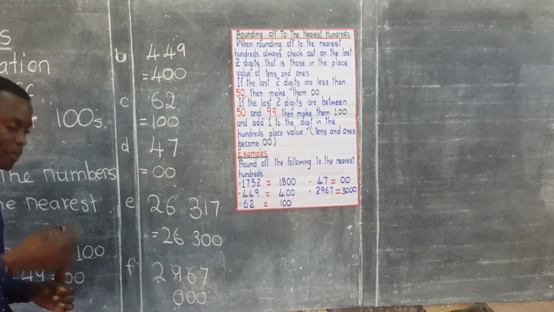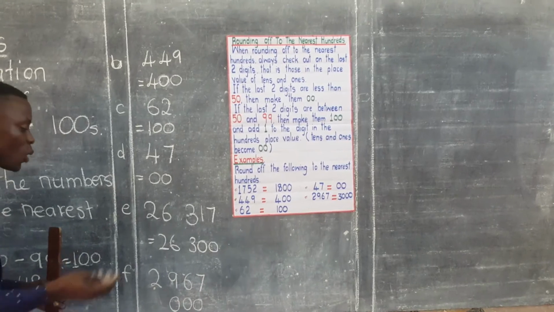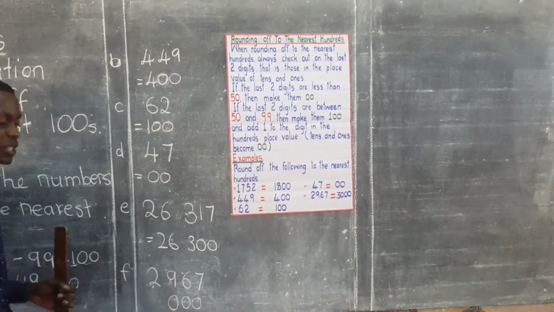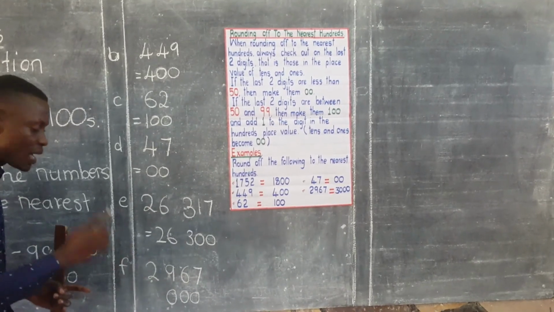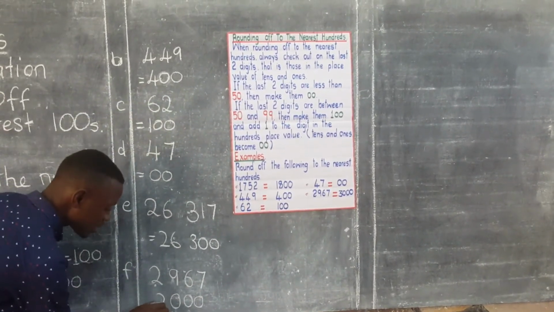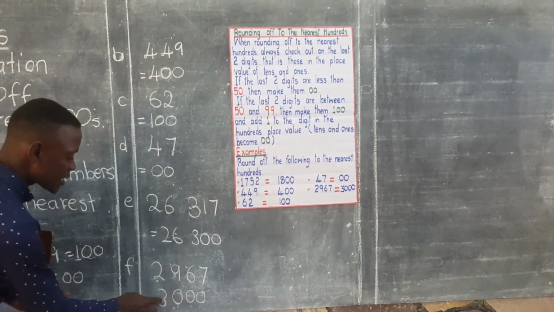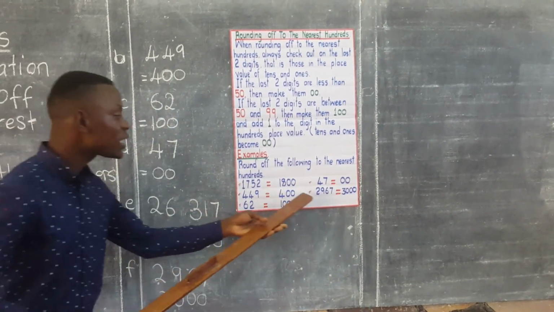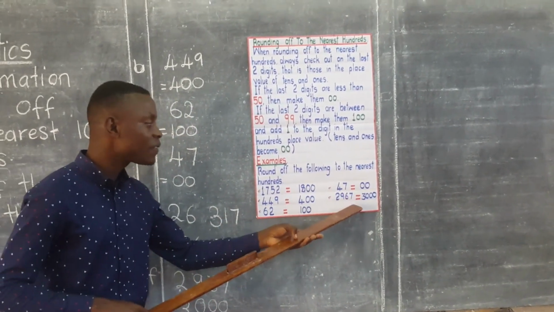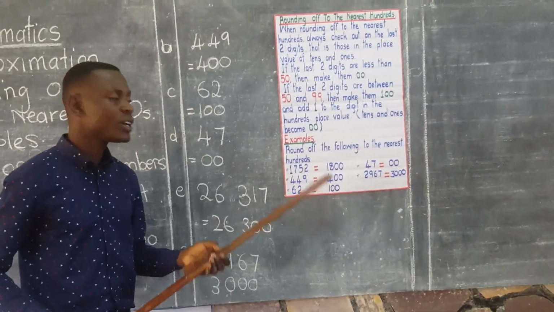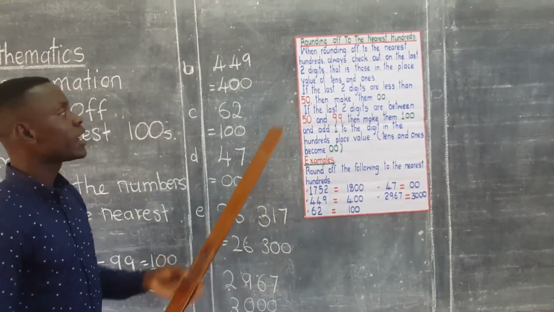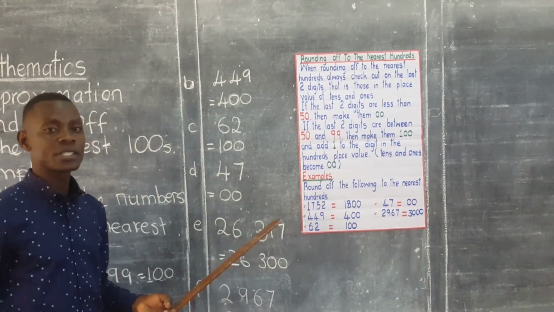Then the one we've carried, we'll push it to the next number, which is 2. And 1 plus 2, our answer will be 3. Hence, this is where you've seen that 2,967 gives us 3,000 when rounded off to the nearest hundreds.